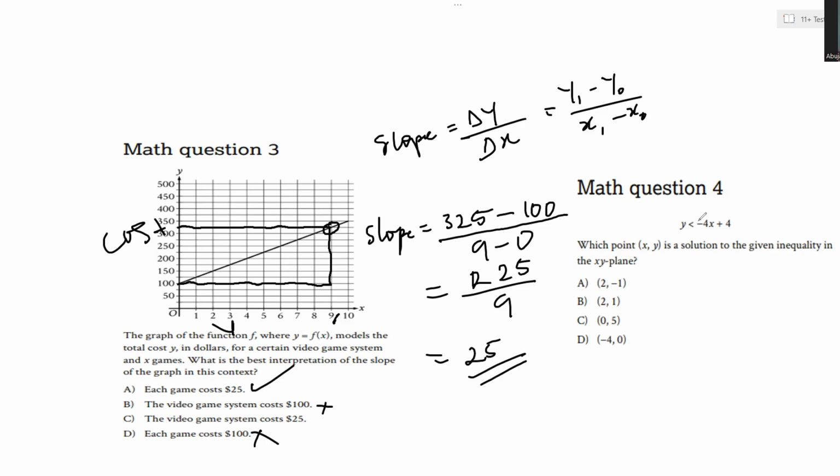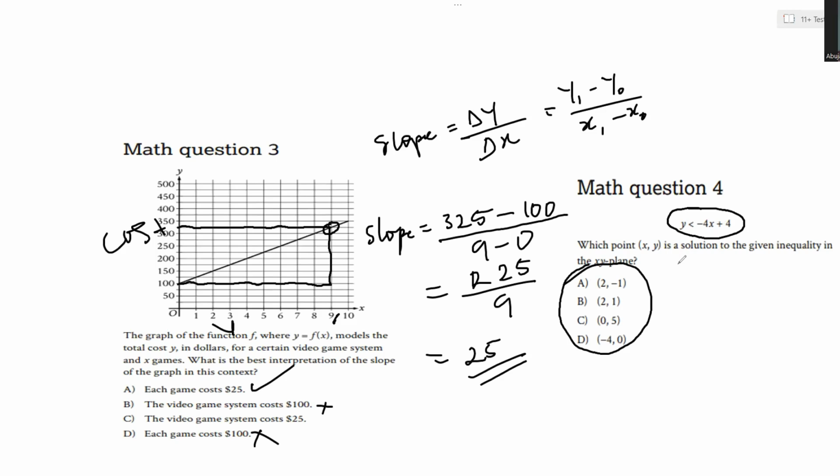For us to get the solution to this particular inequality, we need to consider the options that are given. So we're going to use these answers to determine the best solution to this particular inequality.